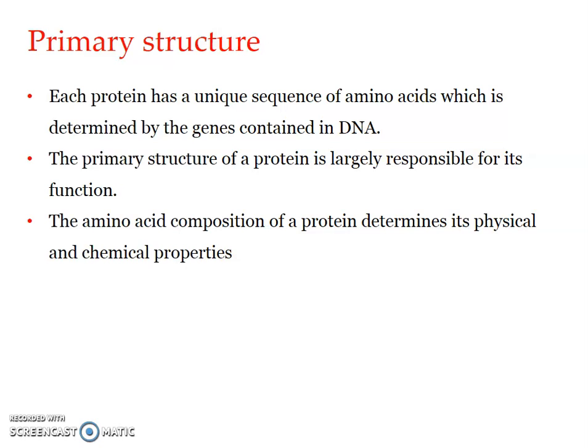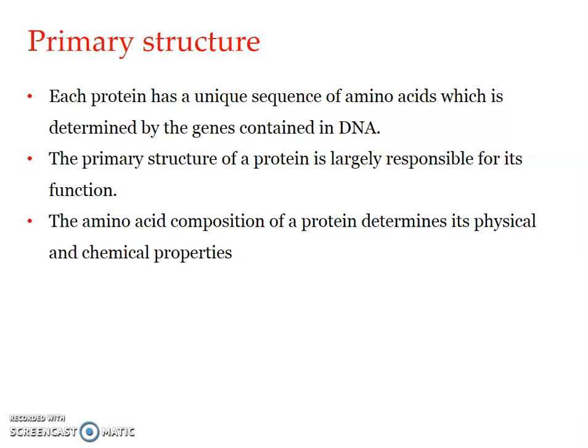So these kinds of pores and carrier molecules are all made up of proteins basically. And what kind of amino acids make them up decides the function. Okay, if there is a greater amount of hydrophobic amino acids, obviously it may not be able to help in the transport of hydrophilic molecules. Okay, it determines the physical and chemical properties as well as the function.